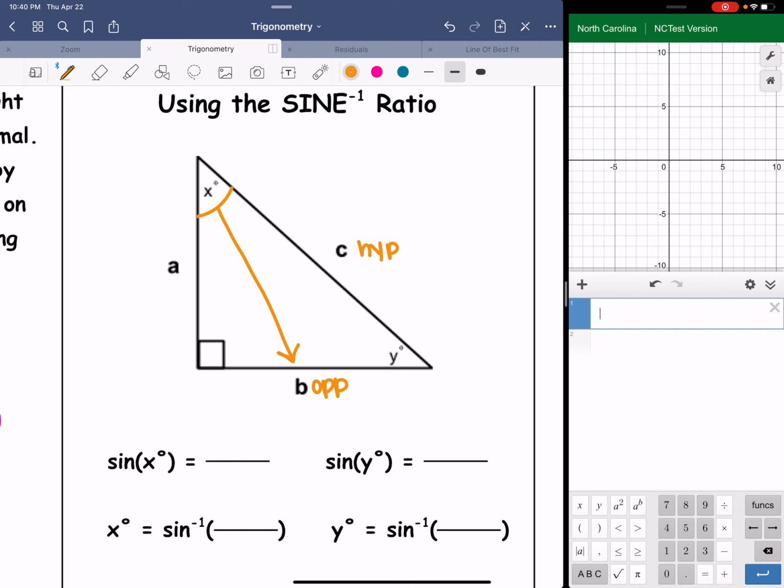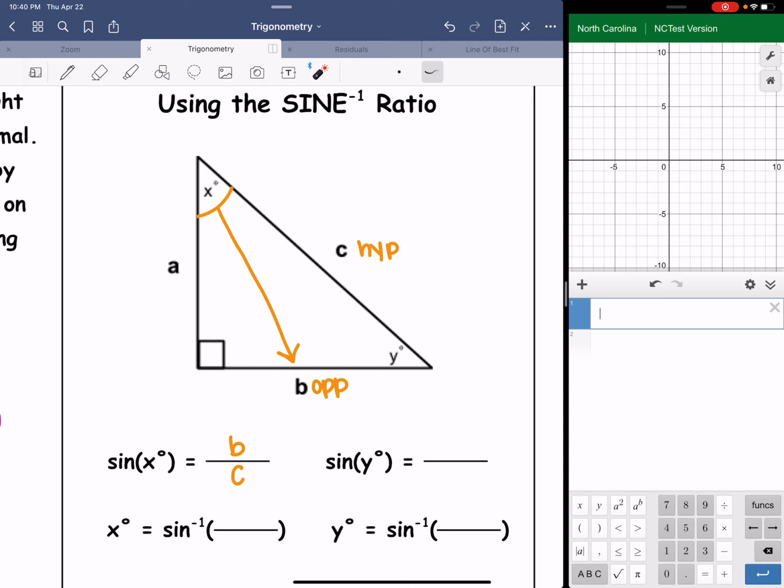So the regular sine of x is opposite over hypotenuse. In order to get x by itself, if I'm trying to get that angle measure by itself, I have to get rid of the sine. Just like with regular equations, when we need to get rid of something, we use what's called the inverse.